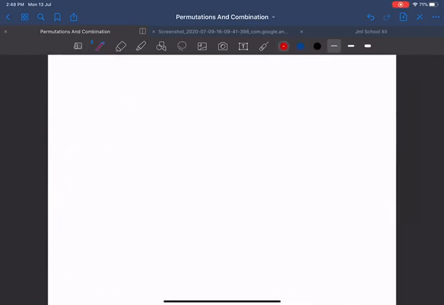Okay. So now let us talk about this exercise by exercise. We are looking at exercise 8.1, and this exercise deals with only factorial.